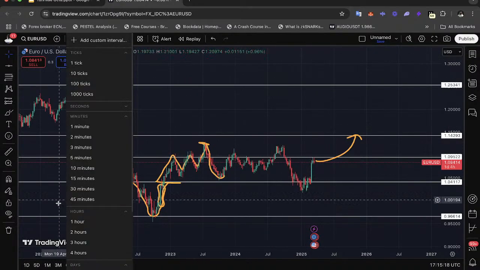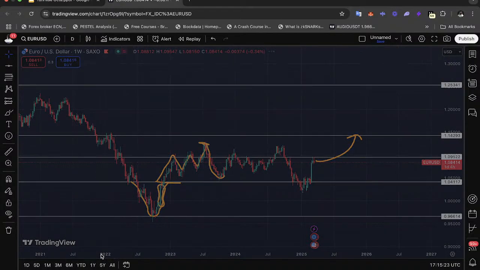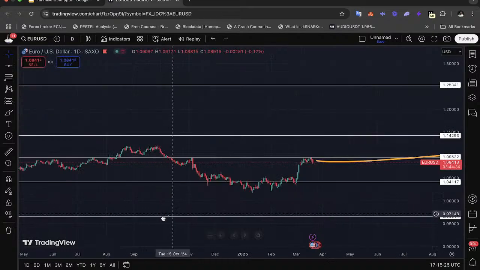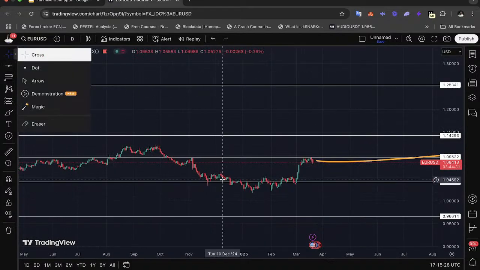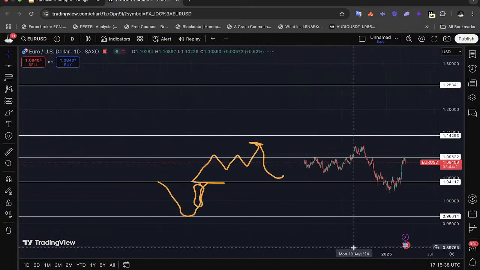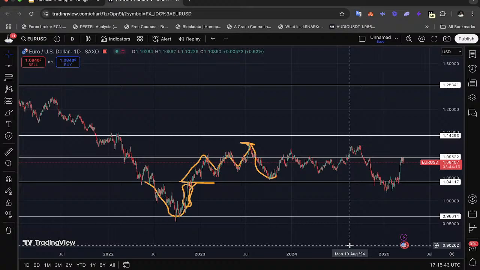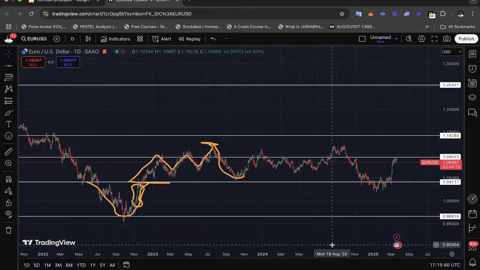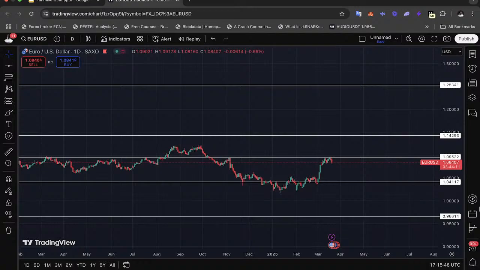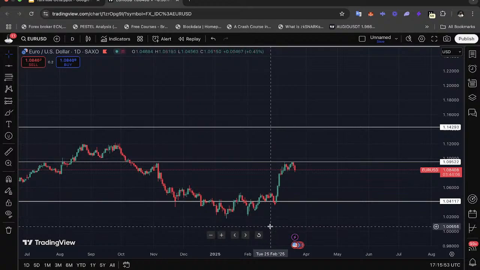So let's go down to the daily time frame. So here now we can see clearly how price has moved so far. All right, so let's zoom in on our daily time frame.